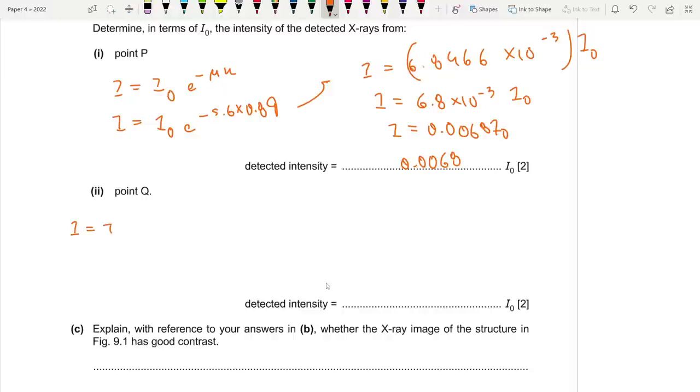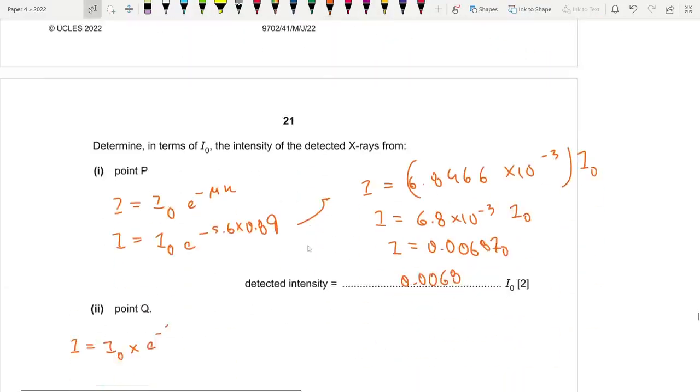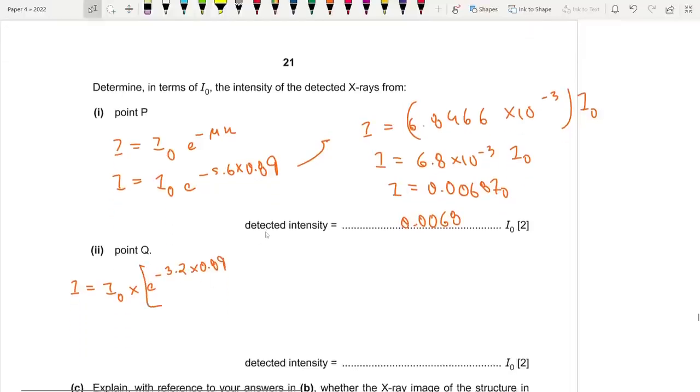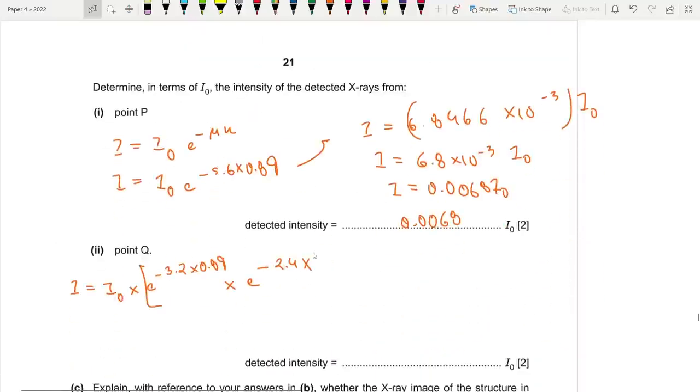So I is equal to I naught times e to the power minus, for the soft tissue it was 3.2, so 3.2 times 0.89, also times e to the power minus 2.4 centimeters times 3.4. That's the coefficient. So let's do that. E to the power minus 3.2 into 0.89 into e to the power minus 2.4 into 3.4.